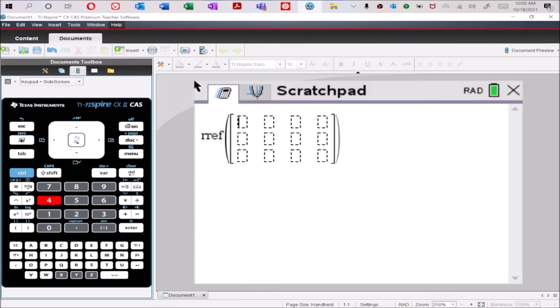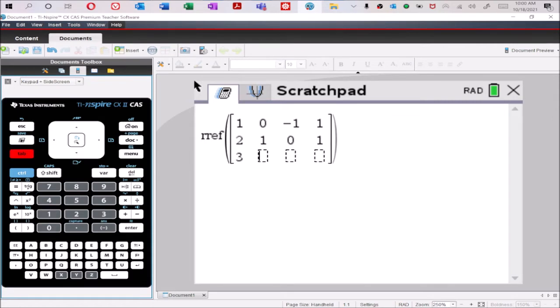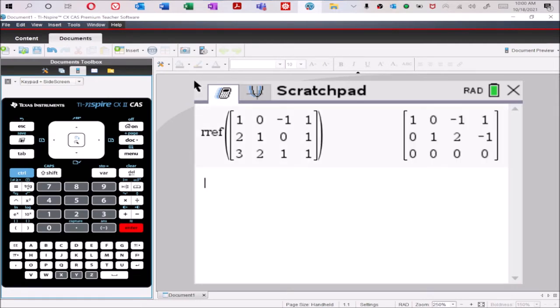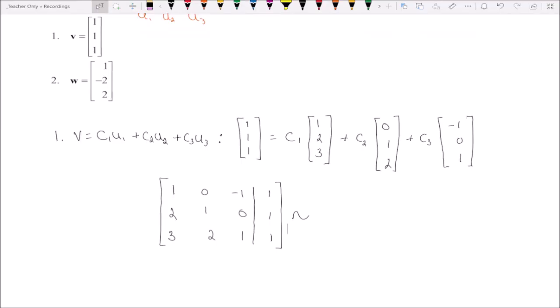Now just enter our values: 1, 0, -1, 1, then 2, 1, 0, 1, and then 3, 2, 1, 1, and hit enter, and there is our row-reduced matrix. So this matrix is row equivalent to this.